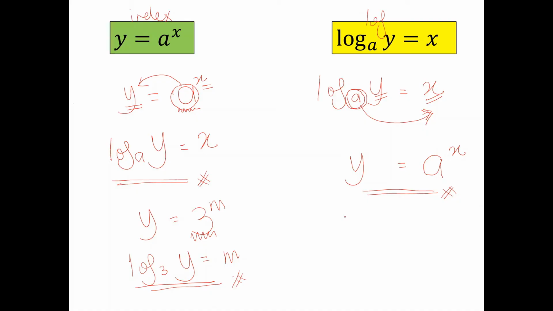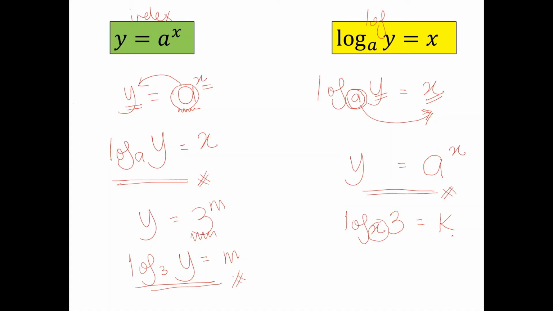Okay, if I give the example log 3 base x equal to k, I want to change it into index form. So x is the base. Originally it is the base for the log.